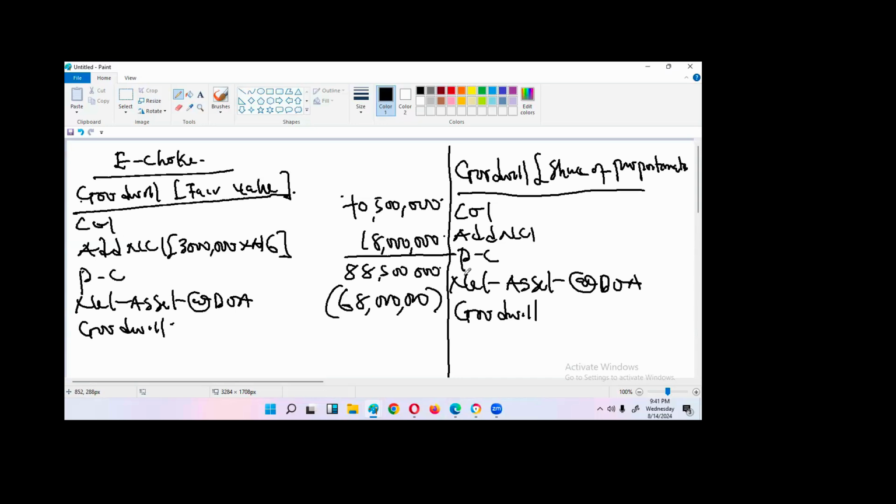What is the value of the goodwill? It's 500 minus 68,000. 20,500,000.